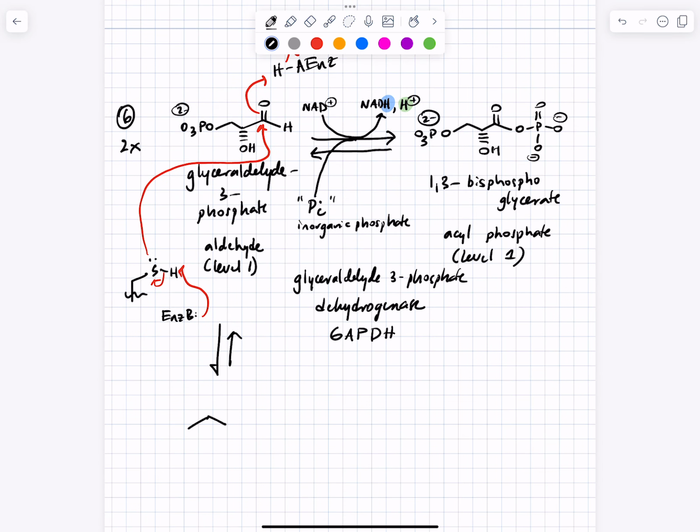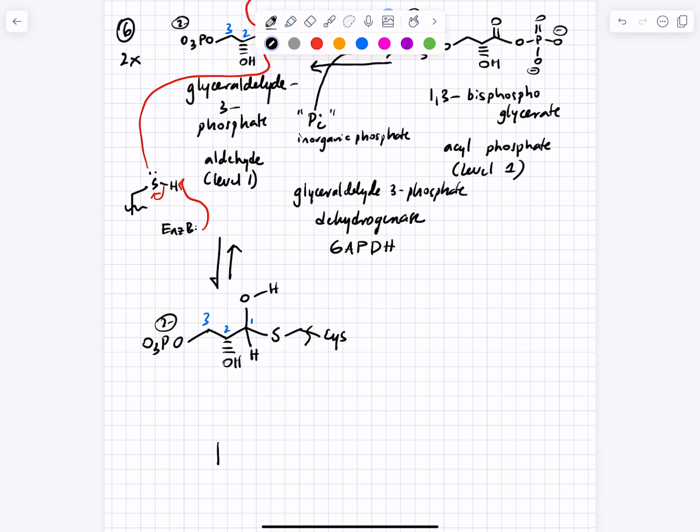So let's draw what that intermediate would look like. We've got an OH group on what I'm now calling C1. We have a sulfur from the enzyme, the cysteine residue, and then also on C1 is the hydrogen from the aldehyde. On C2 you've got the OH group, and then C3 has the phosphoester. What we're ready for now is the oxidation step.